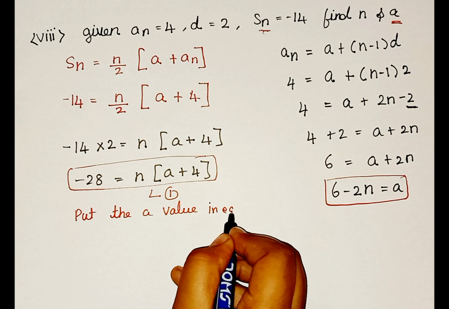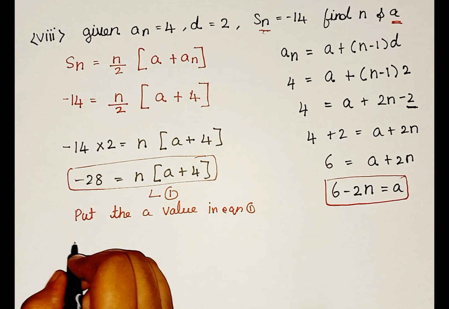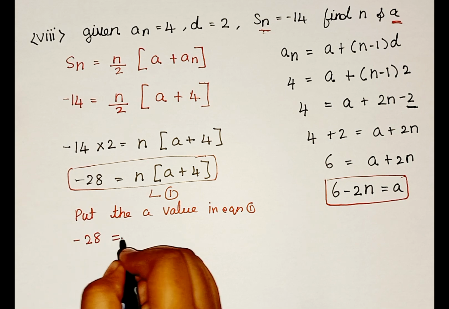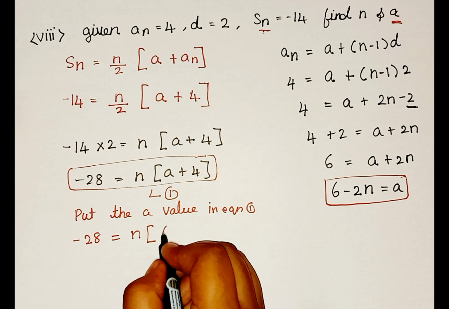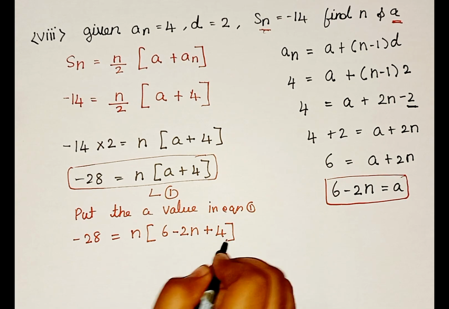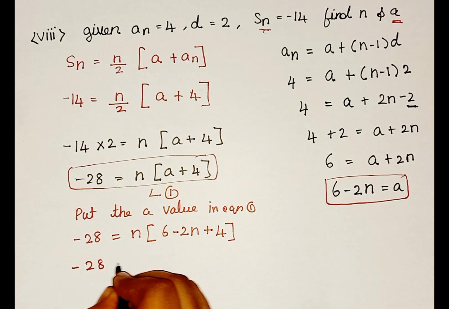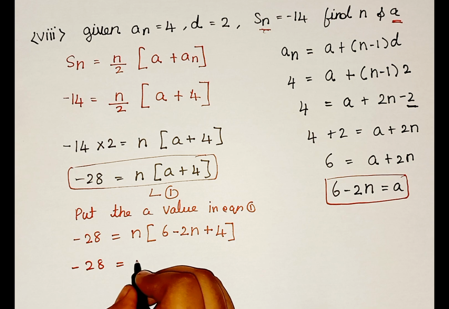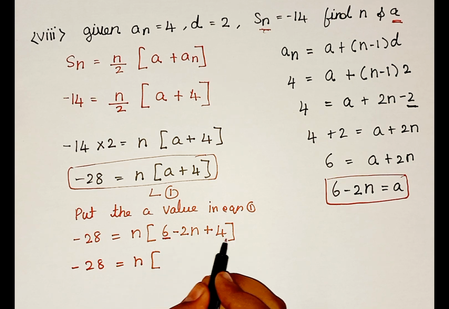in equation 1. Okay, so in this equation number 1 we have minus 28 is equal to n bracket. So a value is 6 minus 2n, and then plus 4 as it is. Alright, so now we can write minus 28 as it is equal to n bracket, and then here we have 6 and here we have 4.